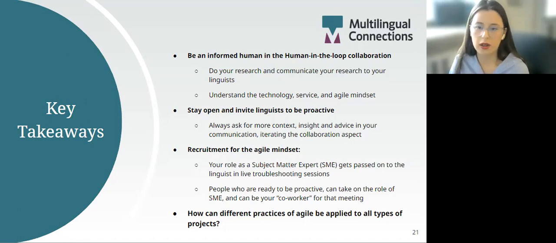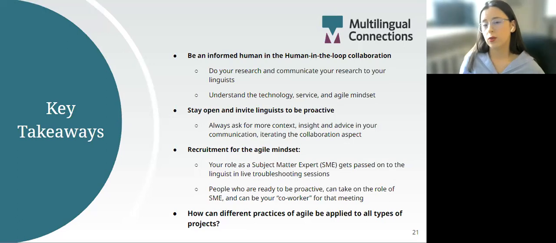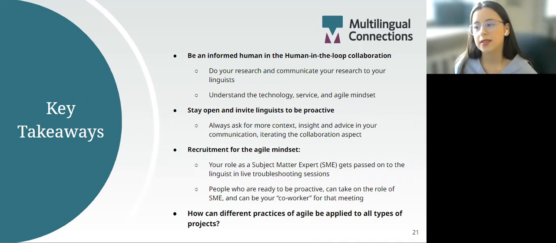Because while agile might happen in mostly language technology projects, you might have wonderful linguists who have wonderful expertise, both from a linguistic and cultural point of view, but they might have not worked in language technology before or in an agile manner. So understanding it ourselves and communicating that and empathizing with them from the end user perspective, as I say, or in this case, from the linguist perspective, is absolutely crucial and actually really secured success in this case study for us.